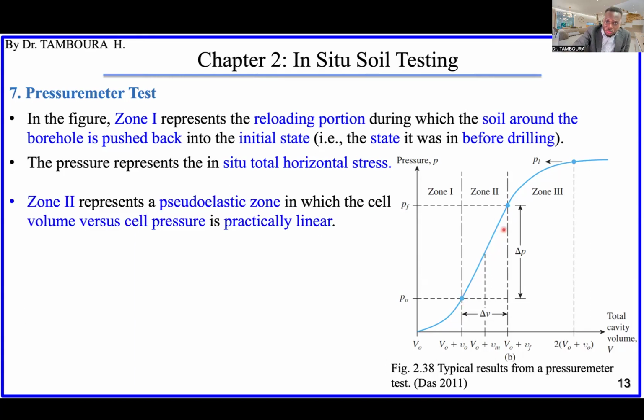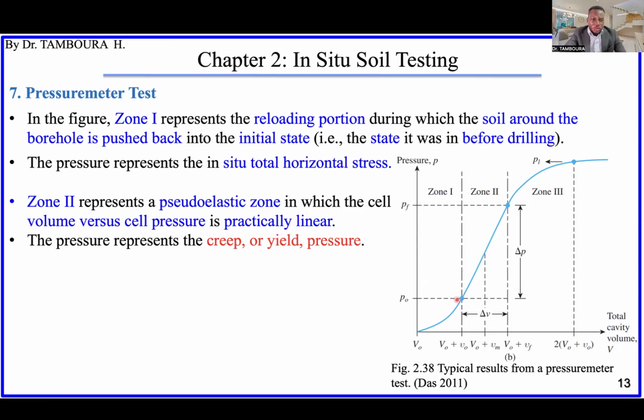The second zone, zone number 2, represents, let's say, the slow elastic zone. In this zone, the volume versus cell pressure is practically linear, as you can see. It's a linear zone, and this zone is very important for us. The pressure here represents the creep or yield pressure.